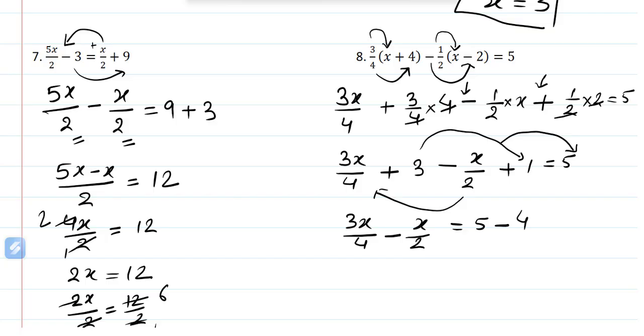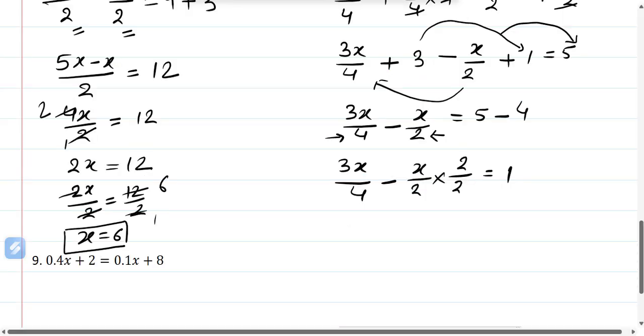So here we change this denominator to 4, because this is the 4. 3x divided by 4 minus x divided by 2, so multiply numerator and denominator by 2. So here is 1.